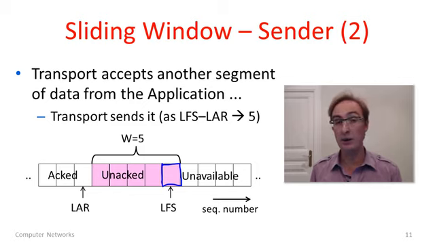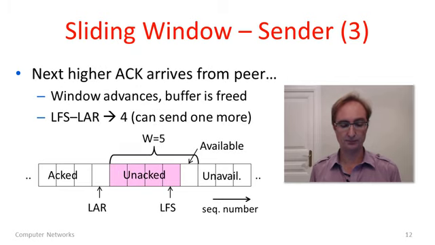If we send this one, now we have 5. And you can see I've updated LFS here. I haven't updated LAR because we haven't received any acknowledgements. So now our window is full. At this stage, we can't send any new segments into the network until some of the old segments which are in the network are acknowledged.